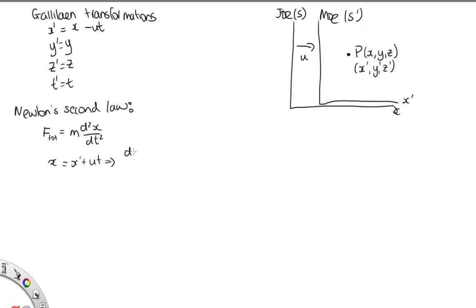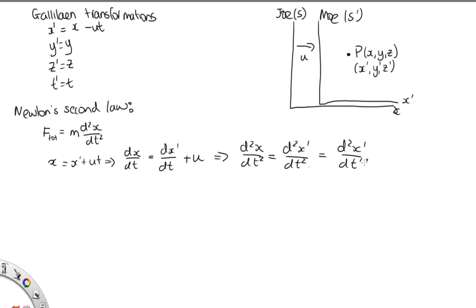So this tells us that dx dt is equal to dx dash dt plus u, and so we've got d squared x dt squared is equal to d squared x dash dt squared, and then using the fact that t dash and t are identical, we've got d squared x dash over dt dash squared. So we can write this as m d squared x dash over dt dash squared is equal to F total dash, i.e. if Joe feels a force in his reference frame, then Mo feels the same force in his reference frame.